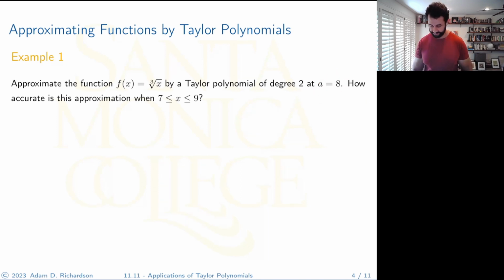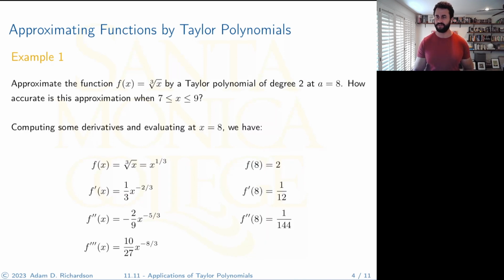That's the question. Okay, so first thing is we need to actually compute a Taylor series. So really we only need a few terms because we're going to do a degree 2 approximation. So we only need to compute up to the third derivative. We're going to need the third derivative to use Taylor's inequality.